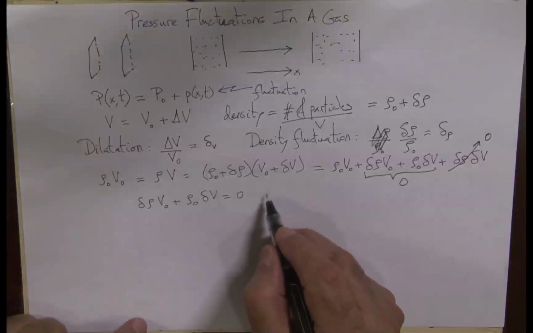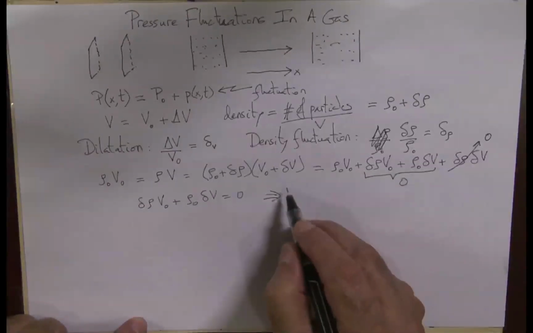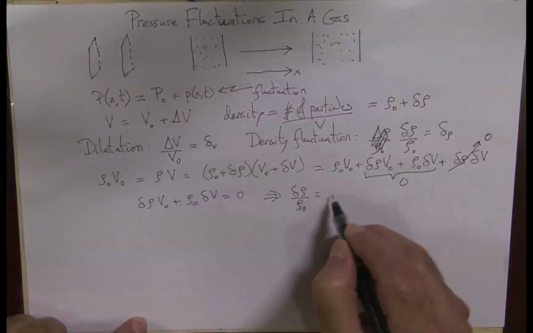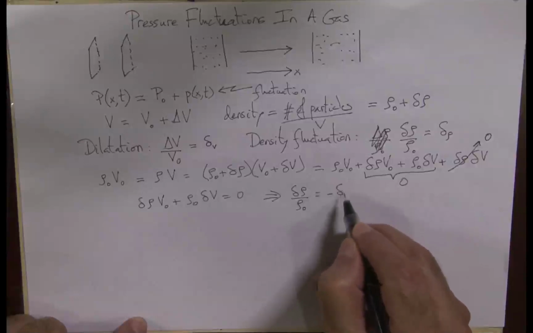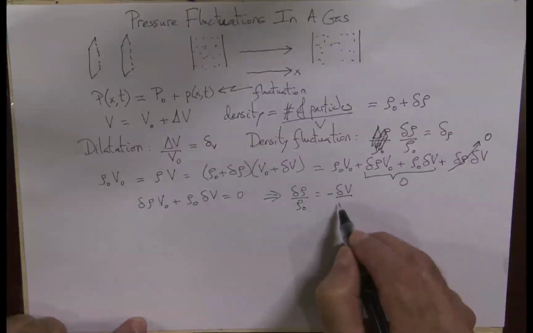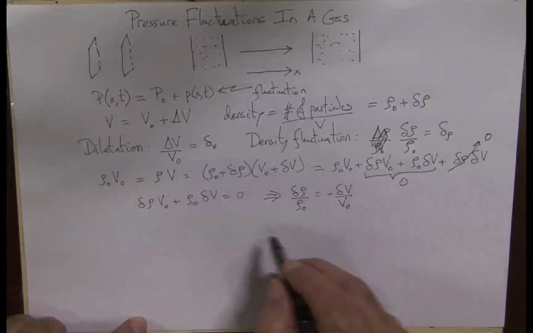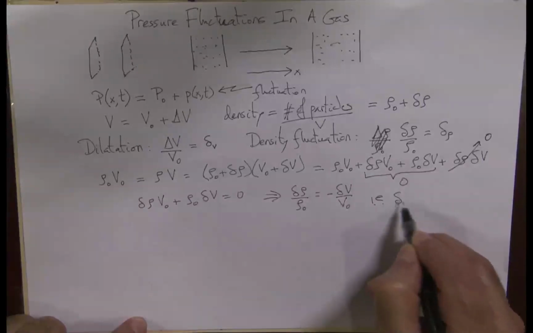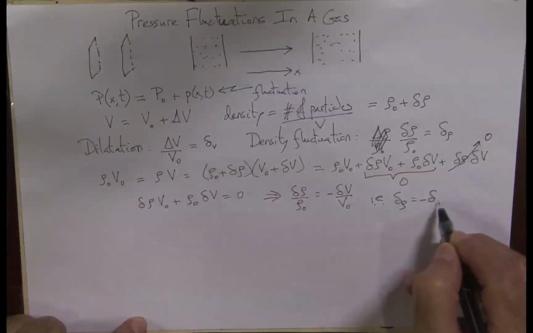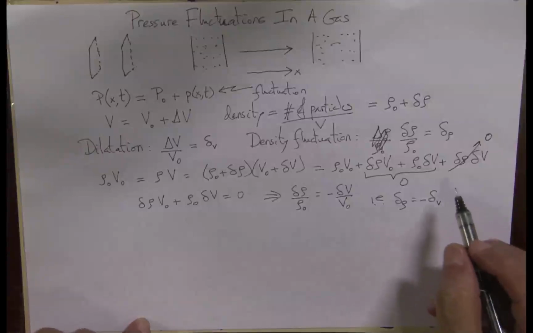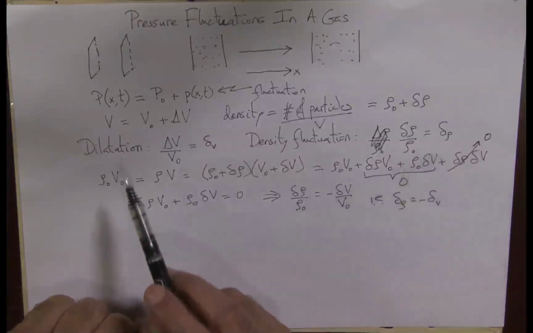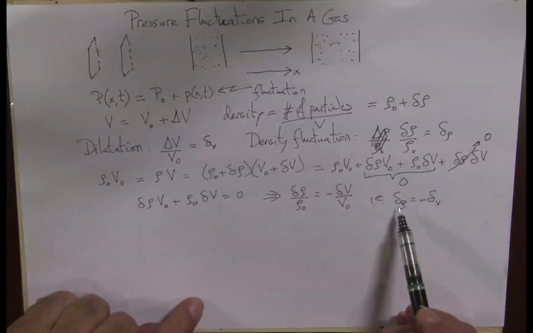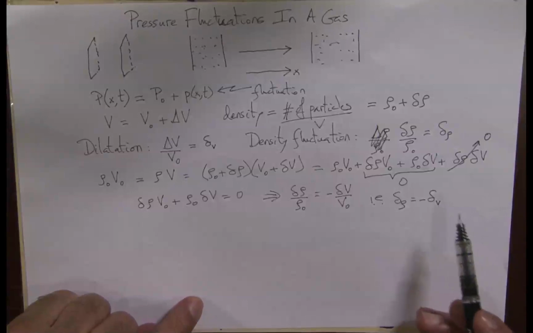And so this tells us that delta rho over rho naught is equal to minus delta V over V naught. In other words, what we've shown is that delta rho is the same as minus delta. So the dilatation and density fluctuation are the negatives of each other.